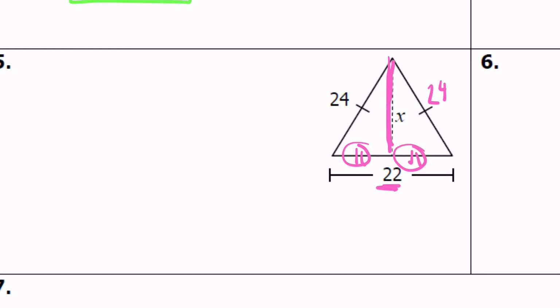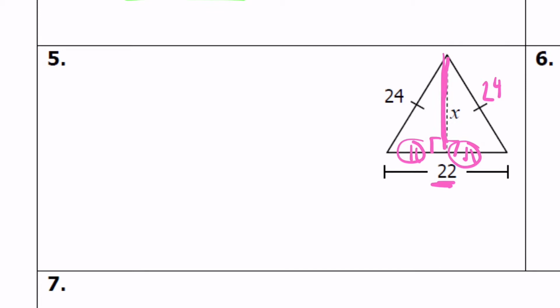Now I've formed 2 right triangles here. Now I can use my Pythagorean theorem and solve for x. So I can take 11 squared plus x squared equal to 24 squared.